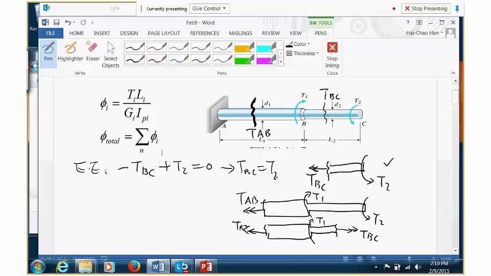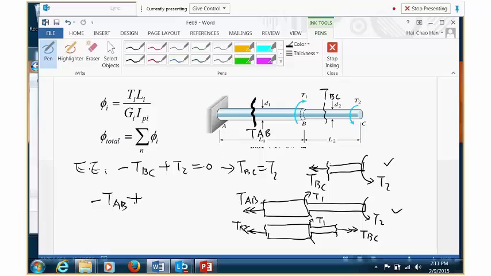Now for the bottom one, let's write the equation of equilibrium. What's the equation of equilibrium? You're going to have negative TAB, then plus T1 and T2, which have different directions.